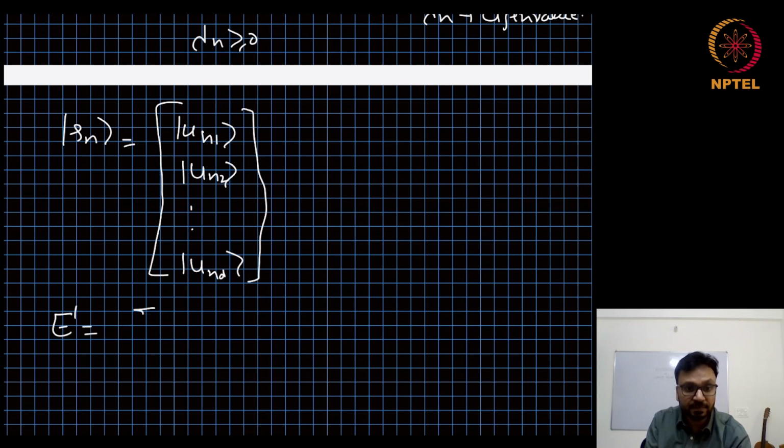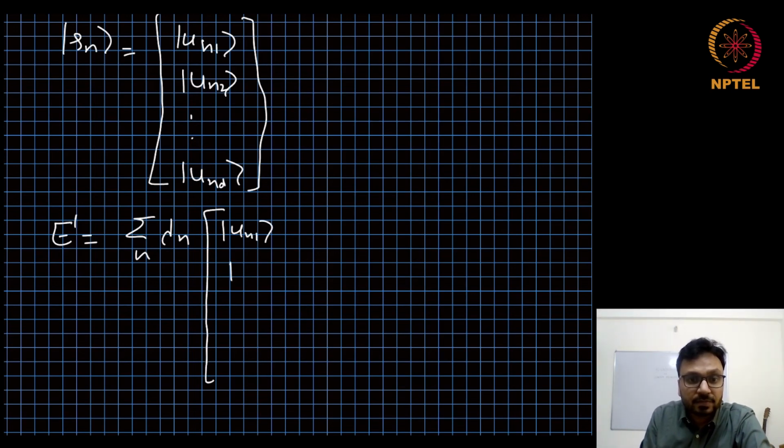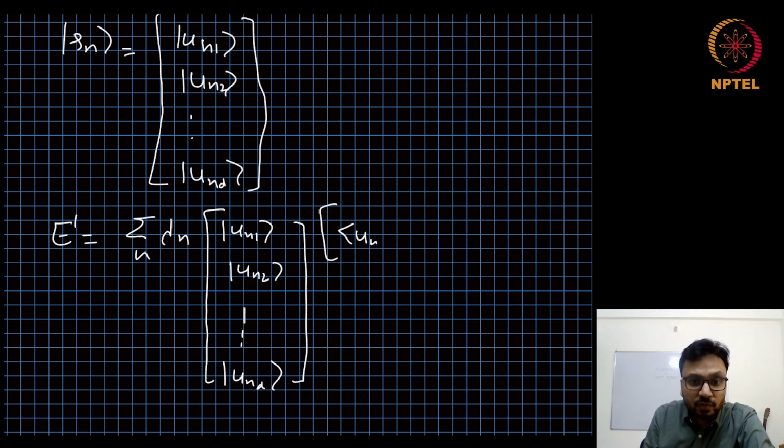So E prime becomes sum over n of lambda n times the column (un1, un2, ..., unD) and its dagger, the row (un1, un2, ..., unD).